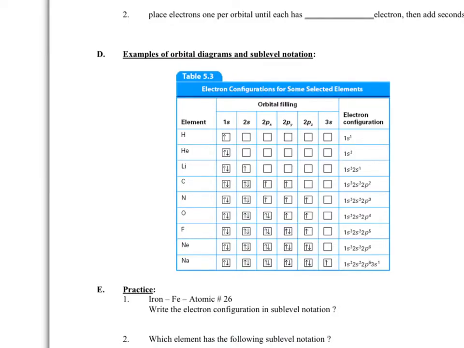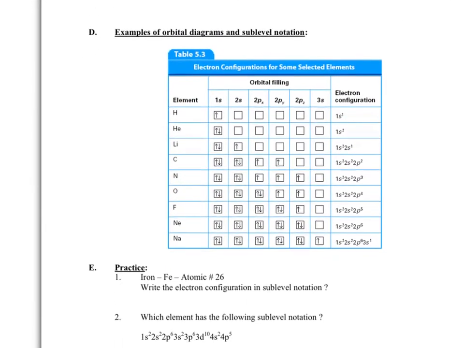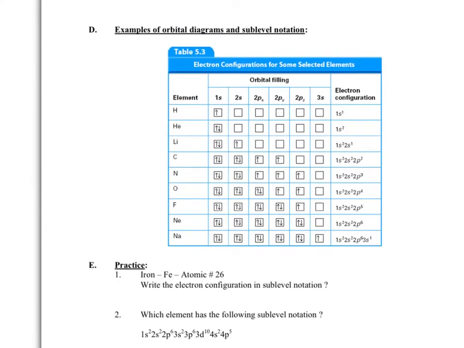Okay, so here are examples of orbital diagrams and sublevel notation. So we don't always draw out all of the squares that you can see on here. But rather what we will often do is shorthand it so that it looks like this. And those are called electron configurations. So it's almost like a shorthand way of doing the different electron configurations.